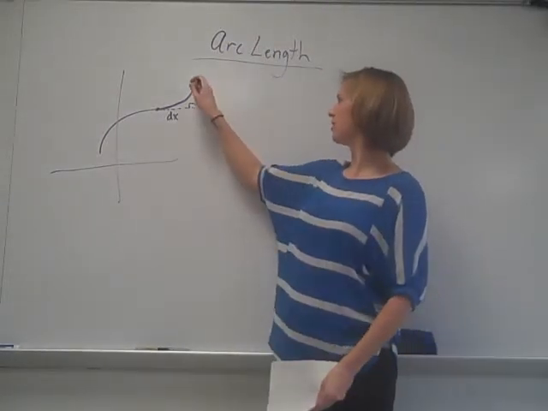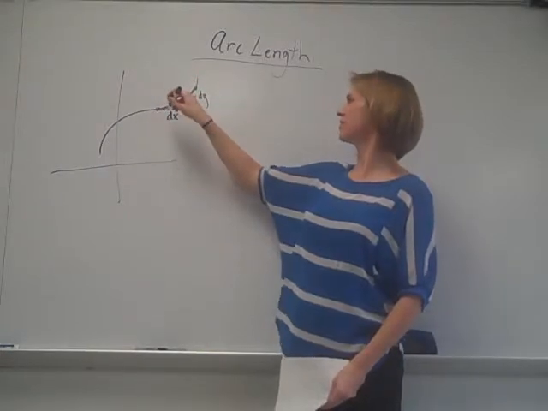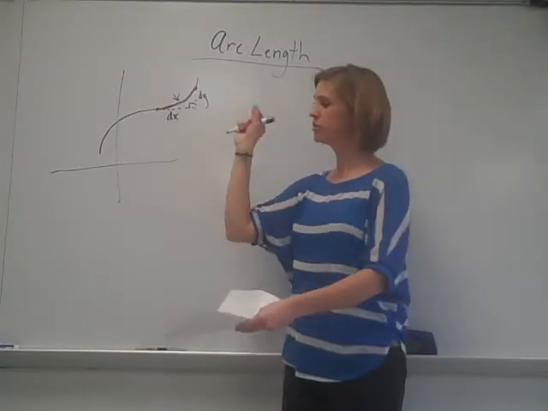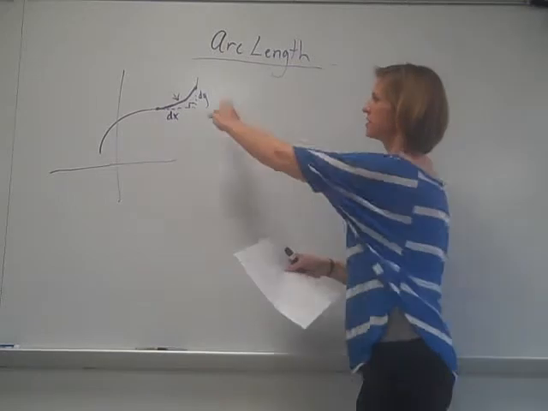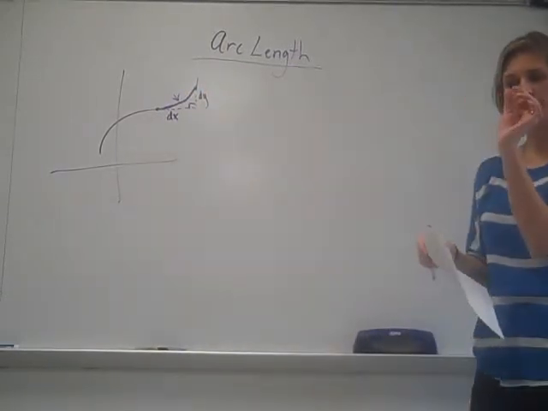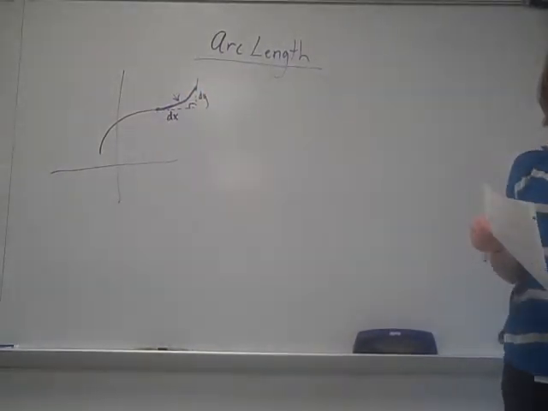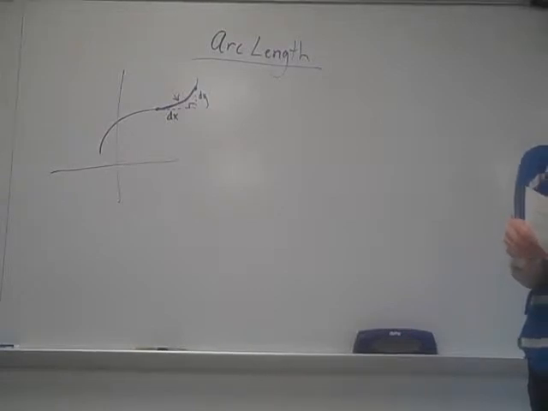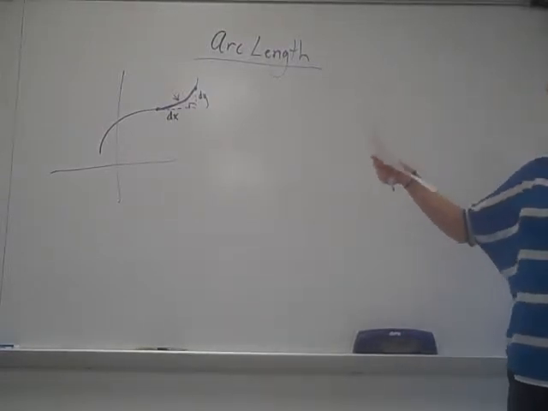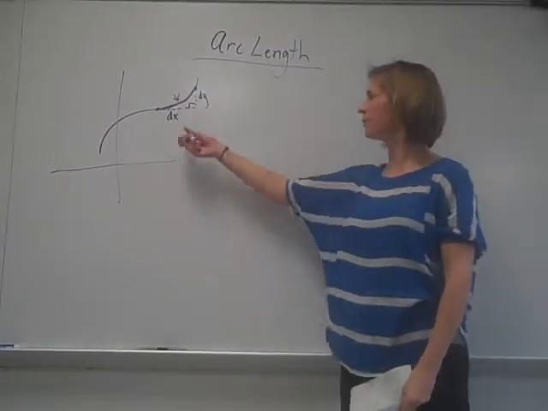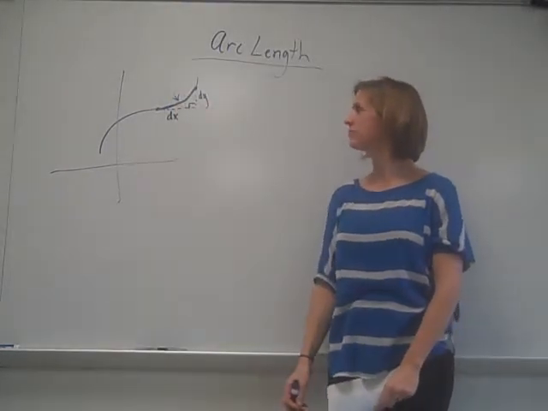So if I wanted to find out how long this arc is, and I know this isn't a right triangle, but if I zoomed in far enough, this would basically be a straight line. If I think about it on the infinitesimally small scale, and then apply it to a grander scale, how could I represent that third side?